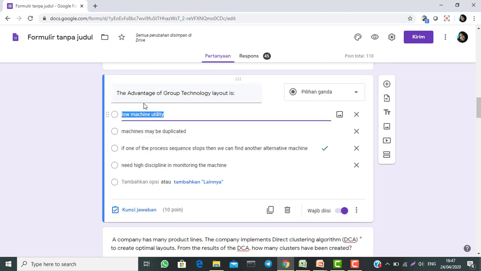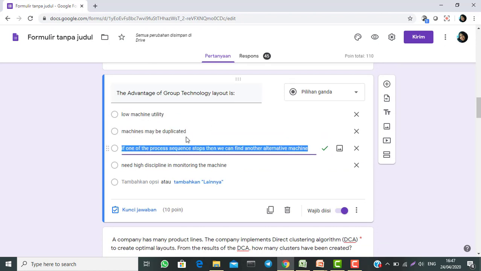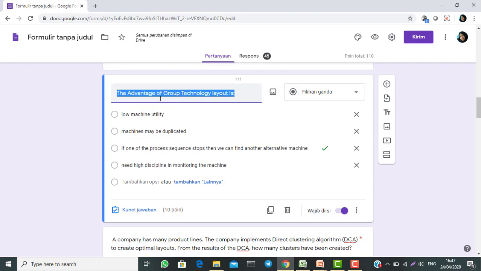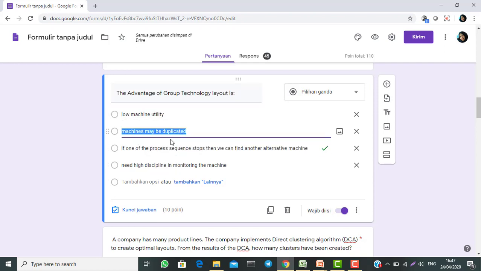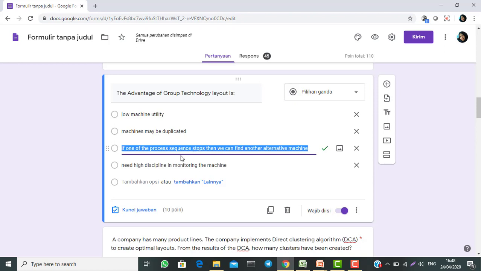Next question, the advantage of group technology layout is, you select which one best illustrates this statement. This is not applicable because we might find that we will have another machine that will be used in the factory. If one process sequence stops, then we can find alternative machines.